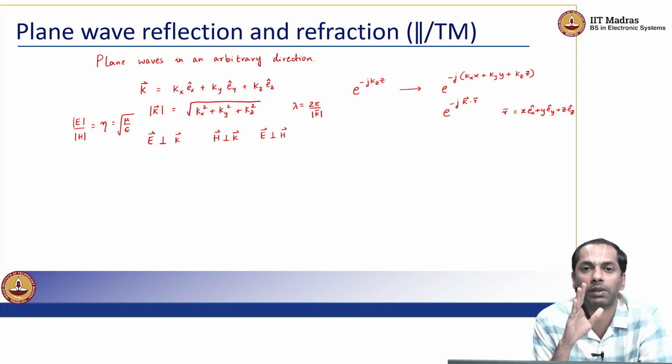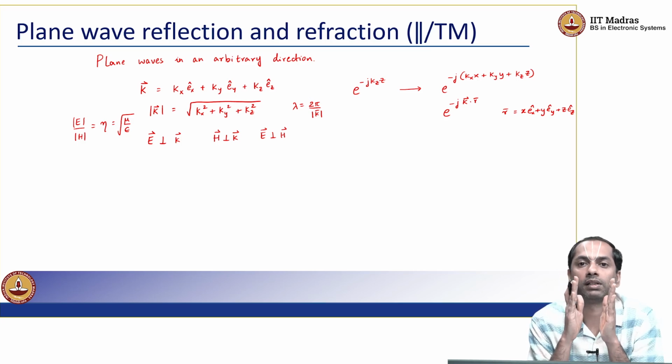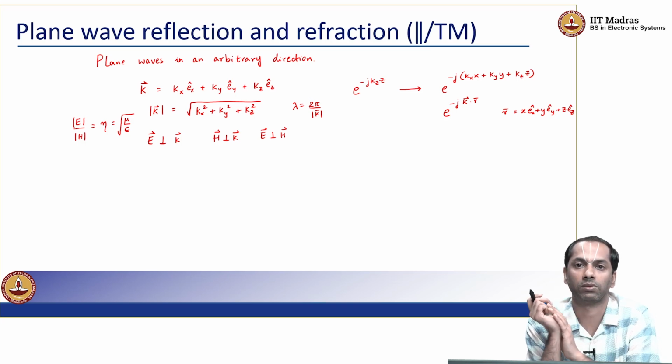So, if I consider two planes of constant phase that are spaced by a distance lambda in the medium, the phase difference between these two planes you can say is 2 pi or 0, right.